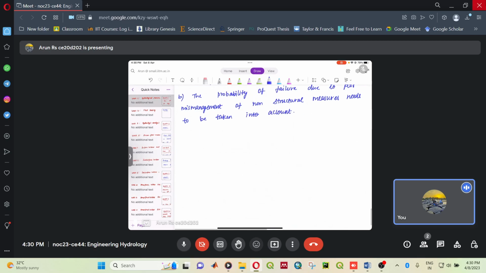So since only non-structural measures are to be considered entirely, we will be disregarding the poor management of the structural measures. So we will not be taking any component in the numerator which corresponds to the poor management of structural measures. That is the only difference in this question.